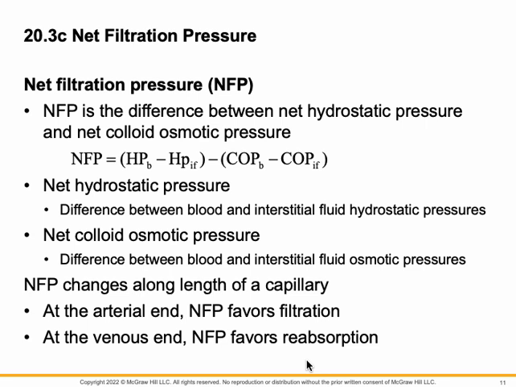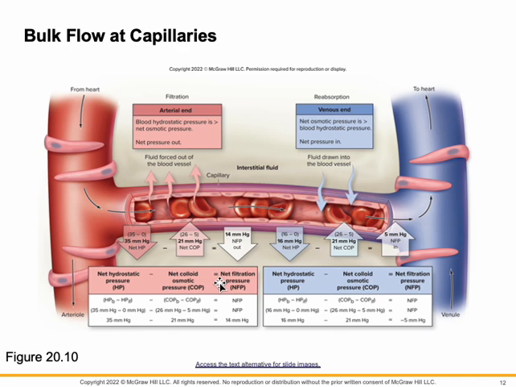So it may be like 32 millimeters of mercury for your blood hydrostatic pressure, and maybe 25 for your interstitial fluid hydrostatic pressure, and then for your osmotic, maybe it's 10 on one and 12 on the other. Plug those in, do the simple math, and see what you get. Are you getting a net filtration pressure that's positive, or negative?